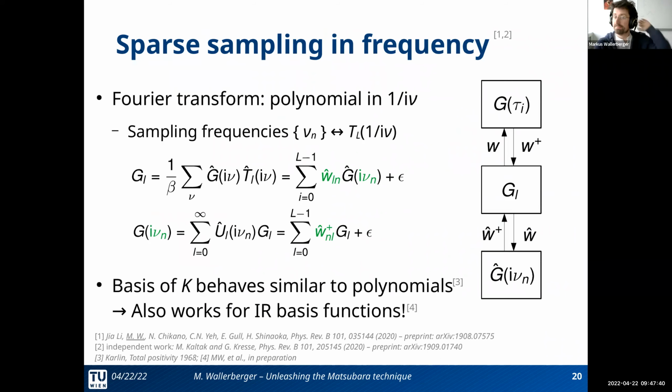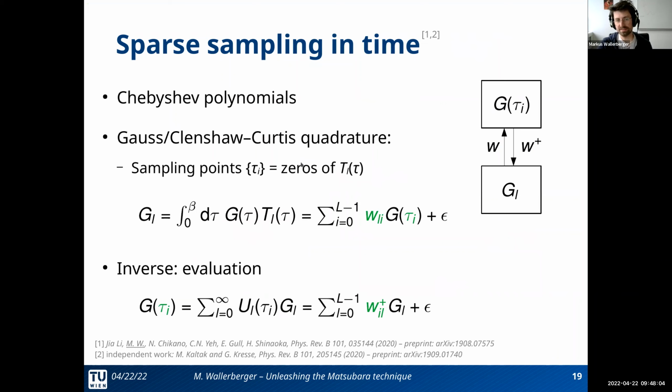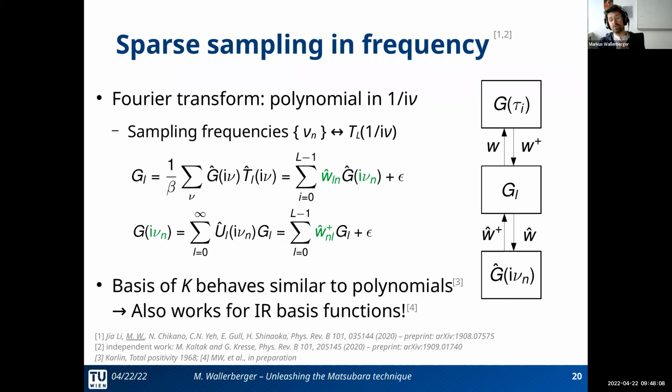Right, yes. So you say the basis of K behaves similar to polynomials. In what sense do they behave dissimilar then? Yes, so in the following sense: the lth basis function always has L roots, which is nice because that's what you need for these sampling points. It turns out they have a Gauss quadrature.